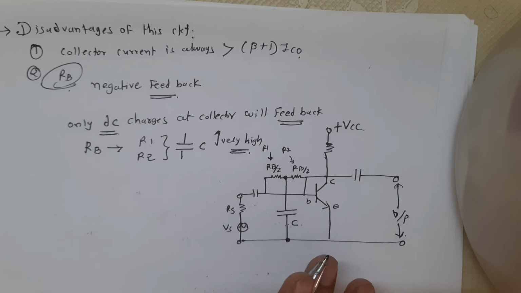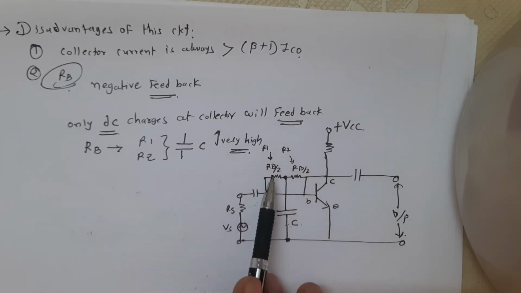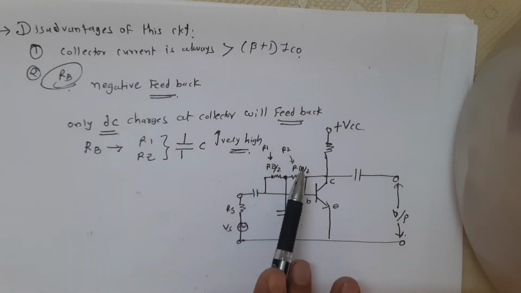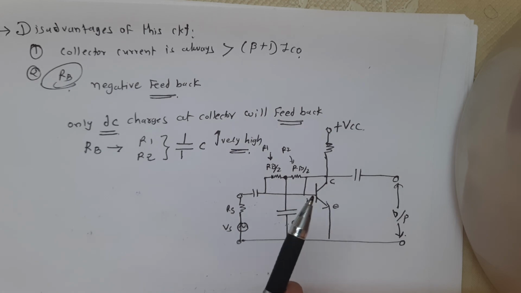This is accomplished by replacing RB by two resistors R1 and R2, each RB upon 2, with a high value capacitor in between. The junction of the two resistors is connected to ground, as shown in the figure.